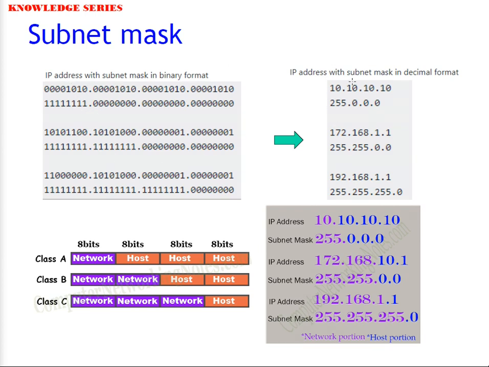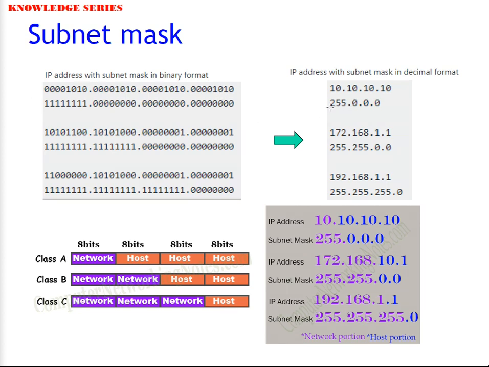You can see this is the decimal format. Here a particular decimal address is shown like 10.10.10.10. So 10 is nothing but, if you put it in 8421 code, this and this bit. The eighth and the second bit should be high. So like that you can see these are the high bits.